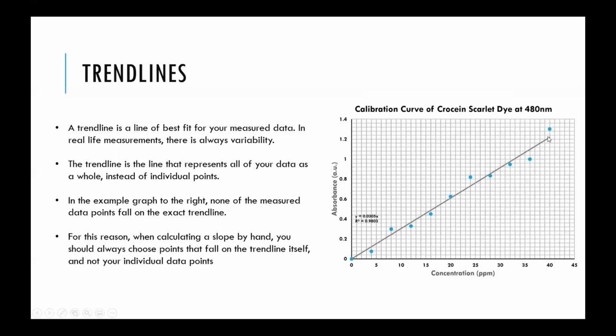If I'm looking just at these 2 data points, there is a much different slope and intercept between them, and that does not represent the whole data set as a whole. So especially if you're graphing by hand, you should always make sure to calculate the slope and intercept using points that actually fall on the line.